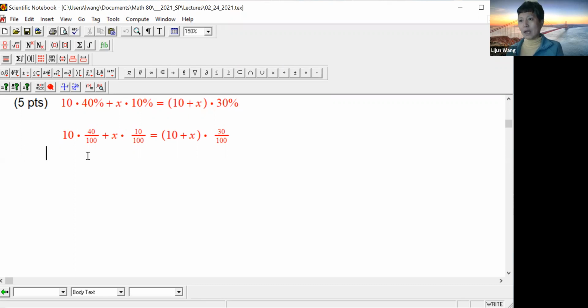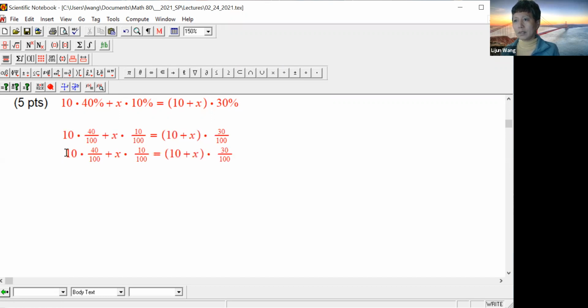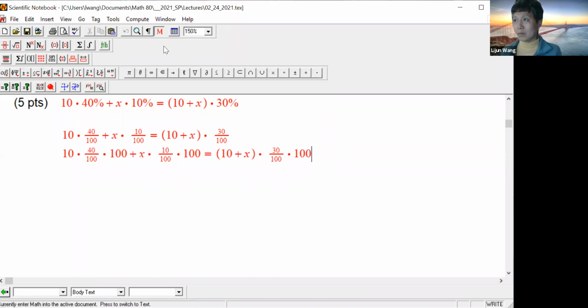So after I multiply by 100, right? I'm going to multiply by 100 on both sides. Multiply the same number on both sides of the equation, that's principle number 4, right? We went over that last time. It's very similar.